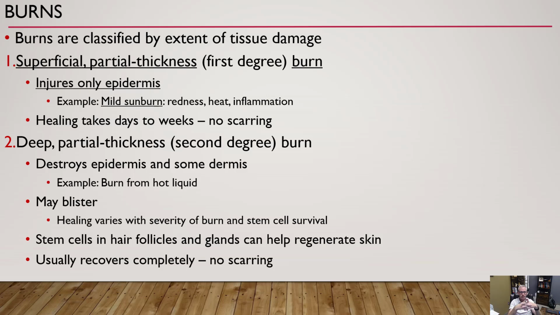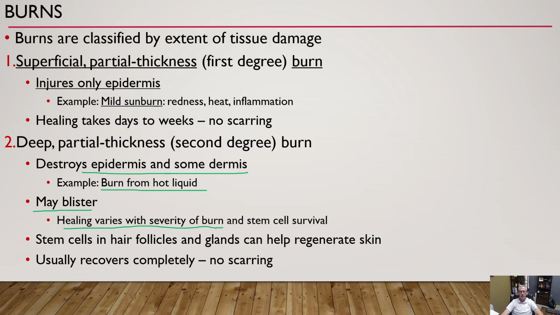Deep, partial thickness burns, we call those second-degree burns. Those are going to go into the epidermis and possibly into the dermis. Burns from a hot liquid, for example. You might see some blistering. So like a bad sunburn.